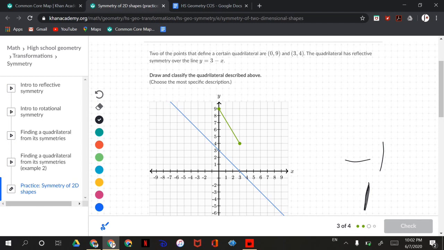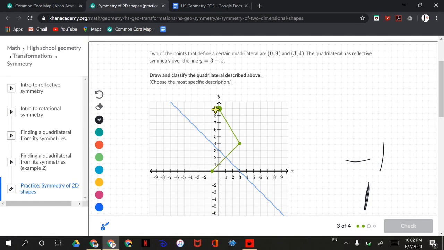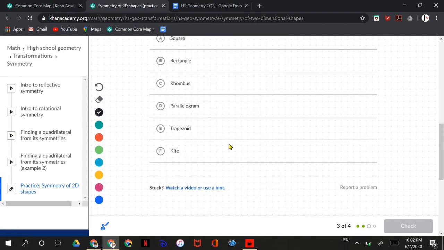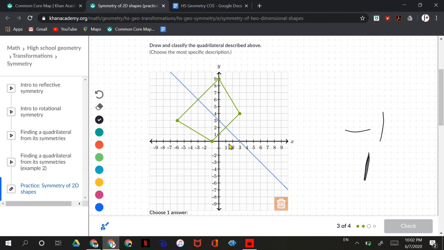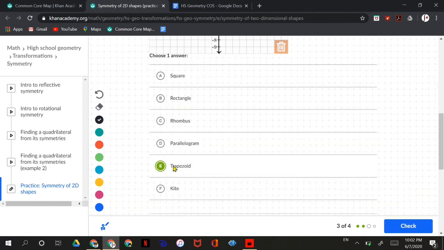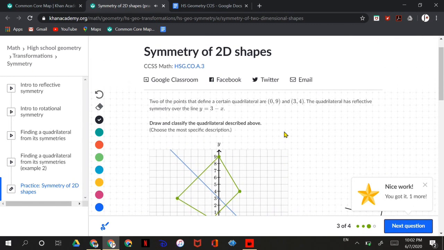So here, and then this would be the same for this point. 1, 2, 3. 1, 2, 3. This should be it. What kind of shape is this? This is a trapezoid, because as you can see, it has one set of parallel lines.